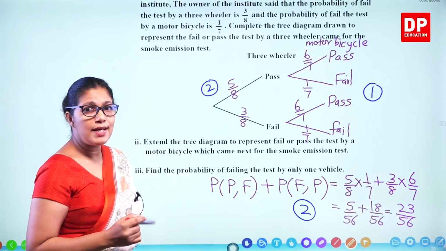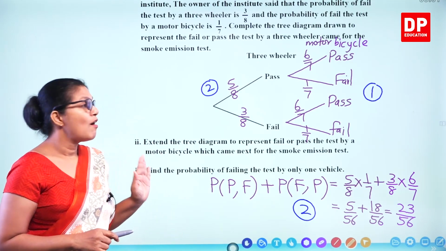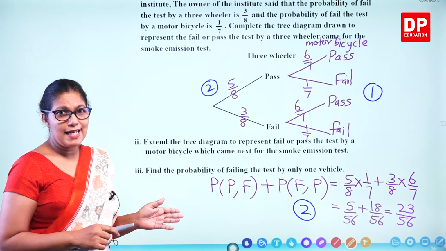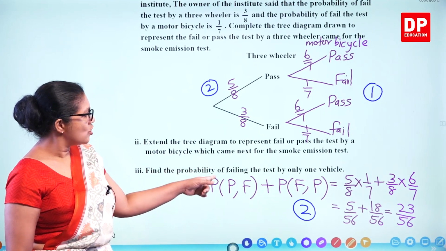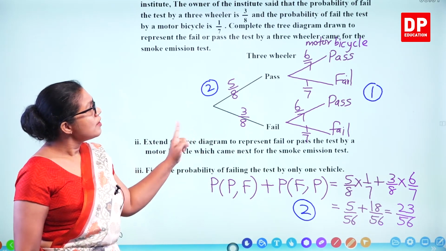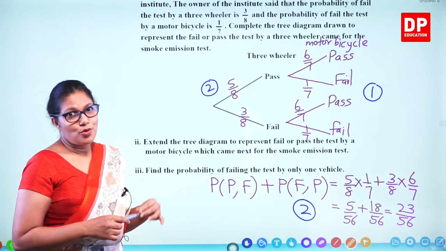So altogether 10 marks. So we completed all 5 questions in part 1. So part 1, 5 questions, each question worth 10 marks. So we'll do paper 2 next.